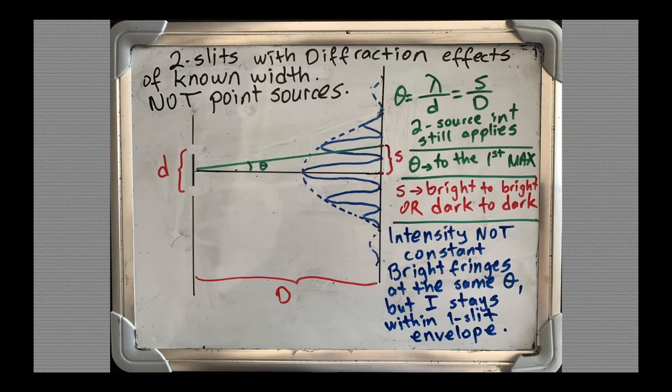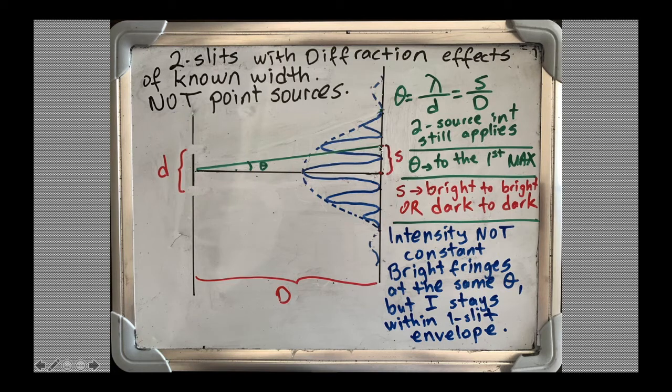Combination of the two slits with diffraction effects of known width. Now, if we're given the width of the two slits, which are not point sources anymore, we cannot ignore the diffraction effects, which means the angle still measures to the first maximum, but the intensity is not constant. So we call that the diffraction envelope, and the intensity, as we look away from the central line, would decrease, staying in the envelope.